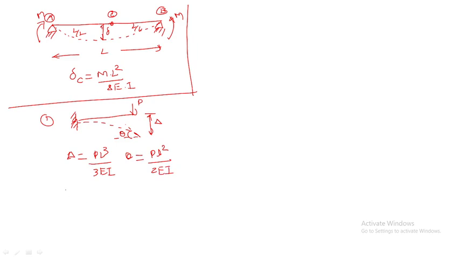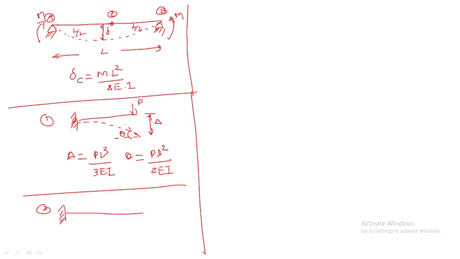Now the second one. If they give a cantilever beam or a propped cantilever with a movement at this point, how will it become? It will become like this, right?